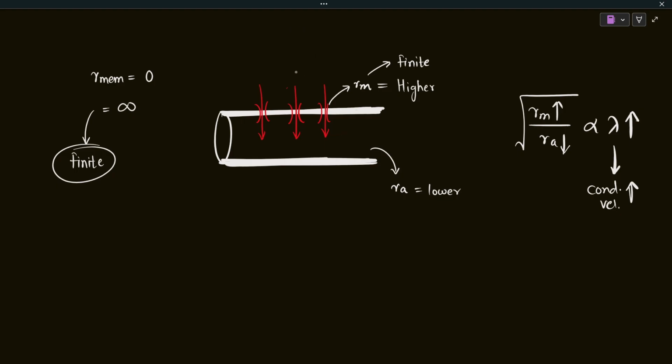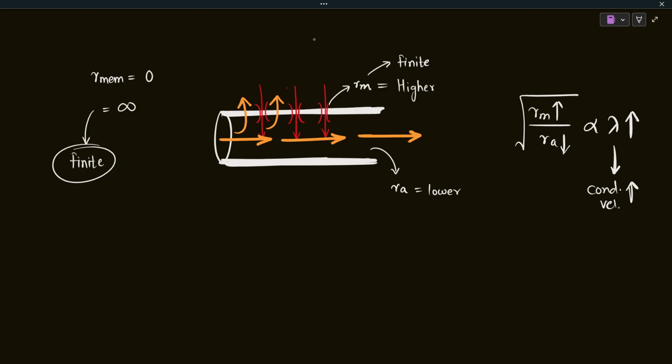The higher membrane resistance ensures that whatever current is generated here, when it passes like this, it will not leak through the membrane. So for decreasing this leakage, we need to increase the Rm.